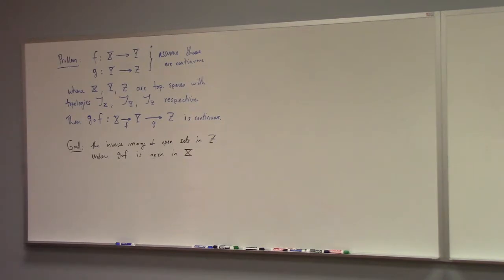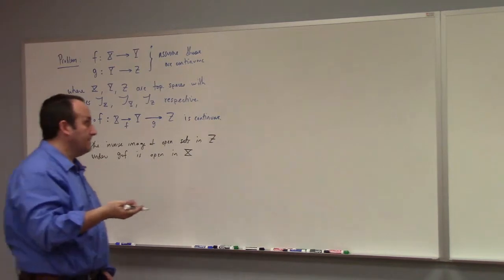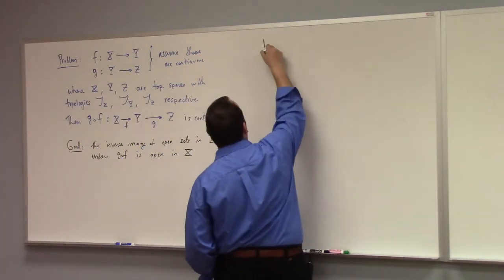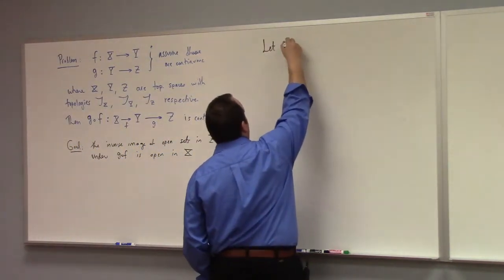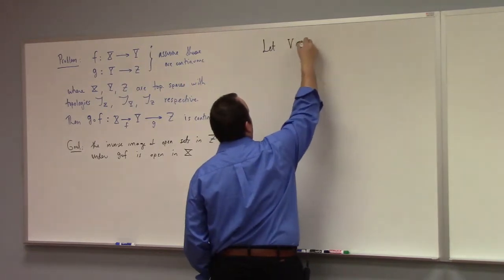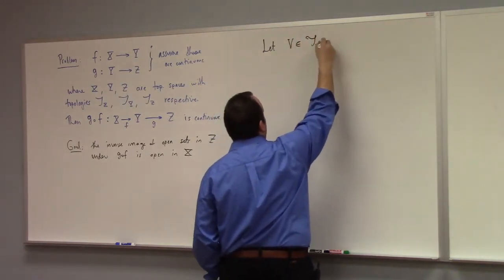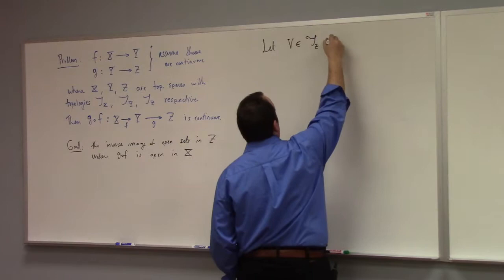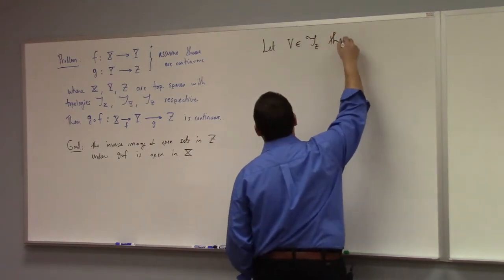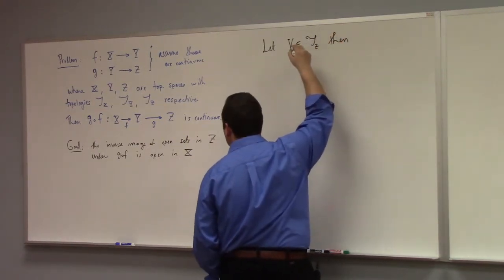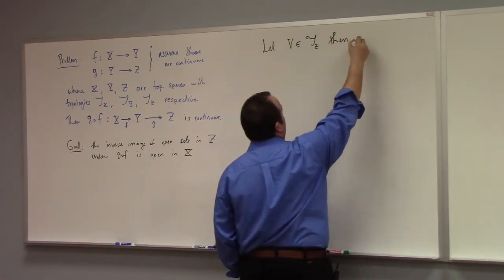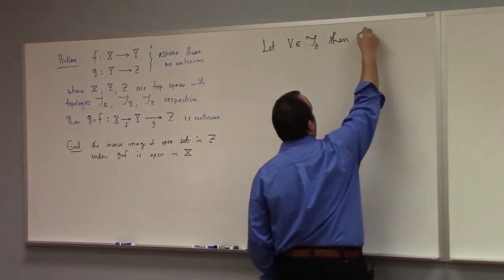So what we should do is pick an arbitrary open set. Let V be an element of the topology on Z. Then what can we say about f inverse of V?